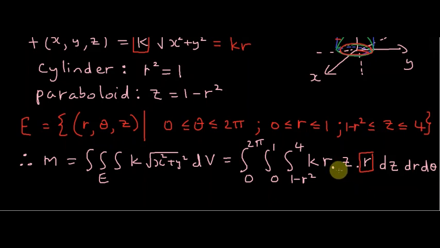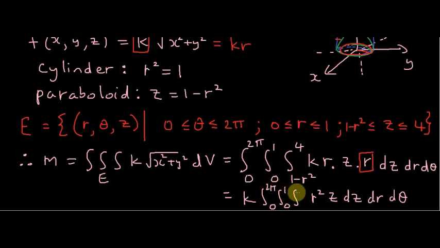Now, we can pull out the constant here, which is k, and we're left with r squared z dz dr d theta. Of course, it goes from 0 to 2 pi for theta, 0 to 1 for r, and z from 1 minus r squared to 4.